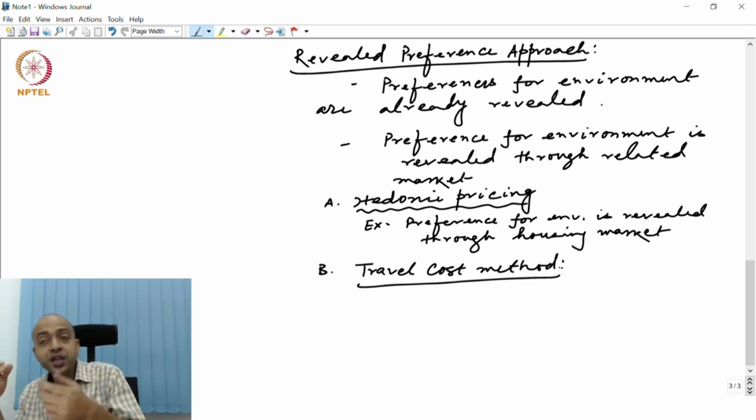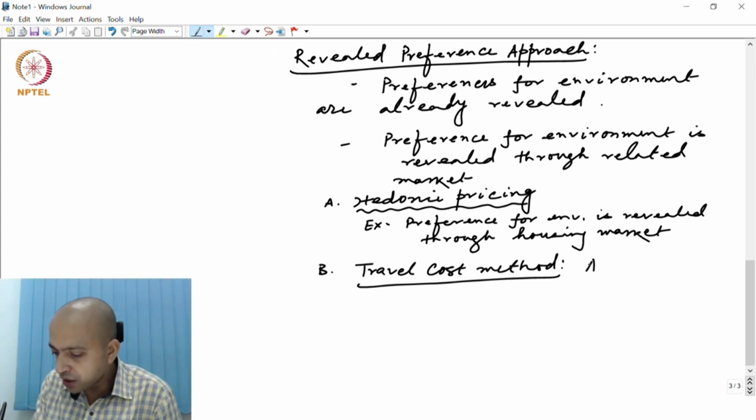And this much money you are spending for what? This much money you are spending to enjoy the environment, to enjoy the natural beauties of the environment. That shows how much money you spend to enjoy a specific environmental location, a location with natural beauty. That shows the individual's preference for environment.